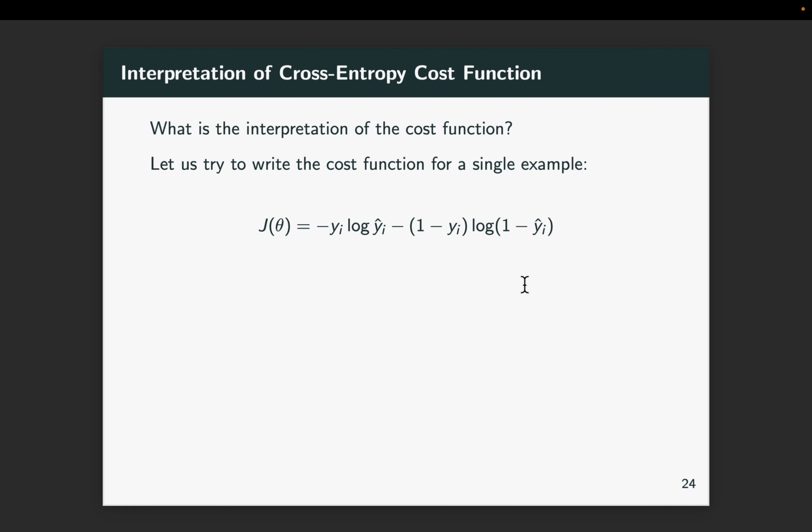Consider the case when y_i equals 0. Now with respect to y_i hat, can you draw the cost function J of theta? How will it look? So draw the cost function plot for J theta given y_i equal to 0.